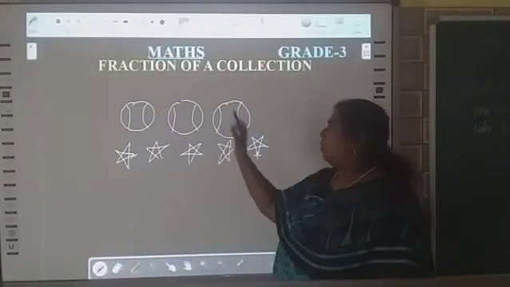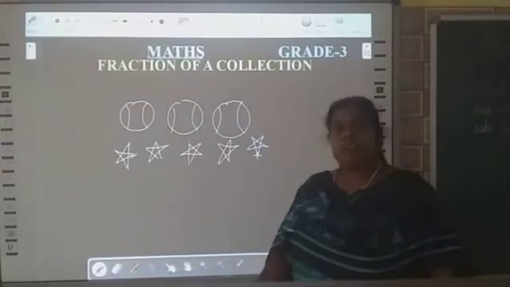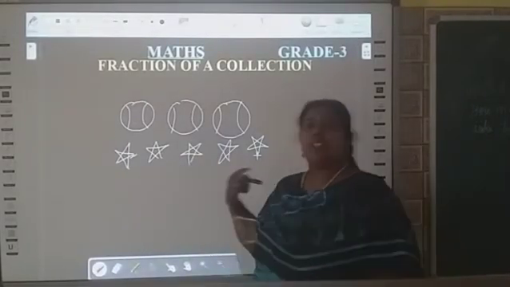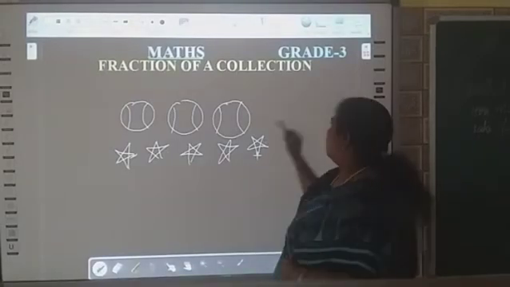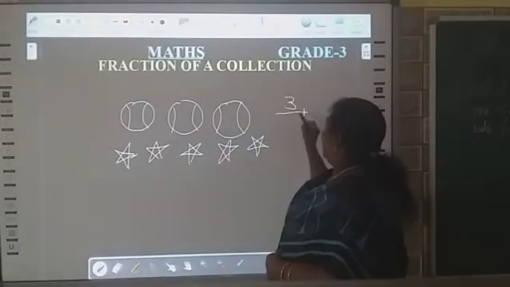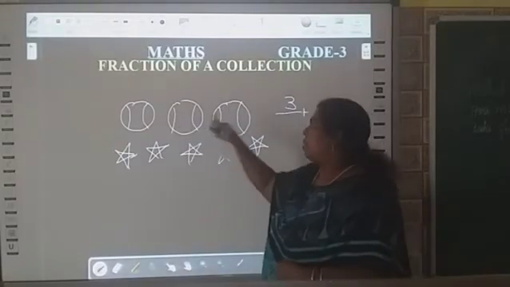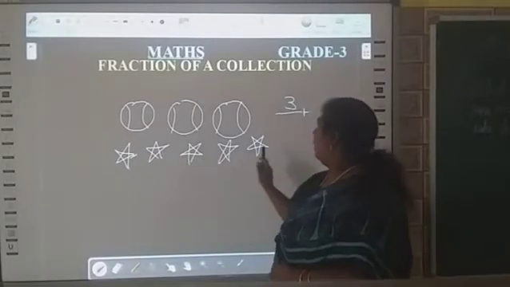Here total number of items how much? Here 5 stars, 3 balls. Total number of items 8, isn't it? The question is fraction of a ball. Fraction of a ball, how you can write? Actually, here how many balls are there? 3 balls. Then the denominator, you have to write the total number of items. Number of items how much? 8, isn't it? 1, 2, 3, 4, 5, 6, 7, 8.